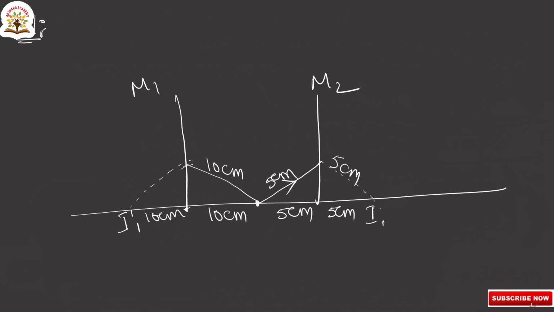And the next term, from here to here total 15 centimeter falls on this, 15 centimeters from the second mirror, and it forms the image at 20 centimeters.